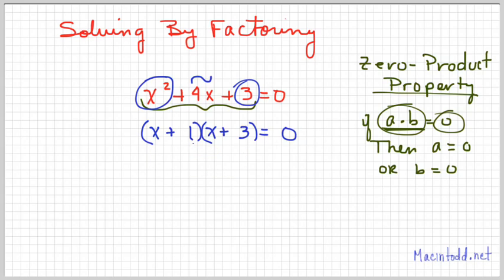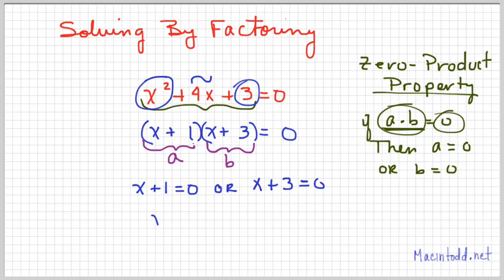Now we can exploit the zero product property. This is like our A, and x plus 3 is like the B. The zero product property says if you multiply two things together, A times B, x plus 1 times x plus 3, and you get 0, then either A, the x plus 1 equals 0, or B, the x plus 3 equals 0.